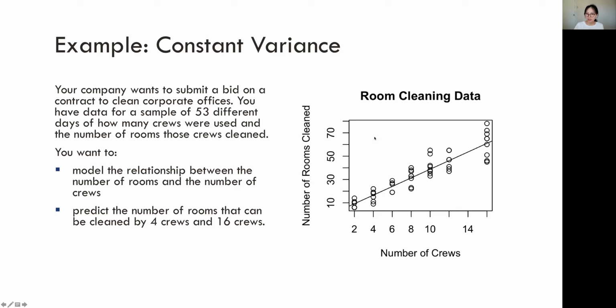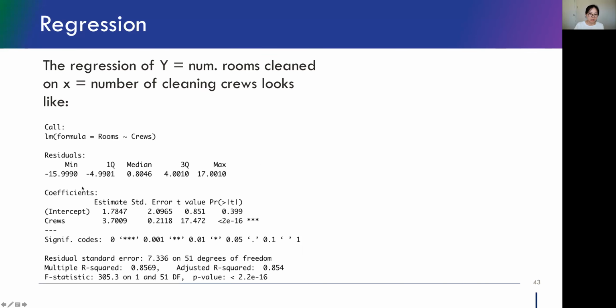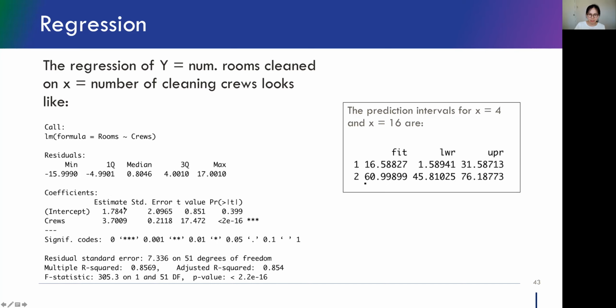This is what the data looks like, and this line shows the linear regression model. I show you the summary of your model here, where Y is the number of rooms cleaned and X is the number of cleaning crews. We will refer back to this.